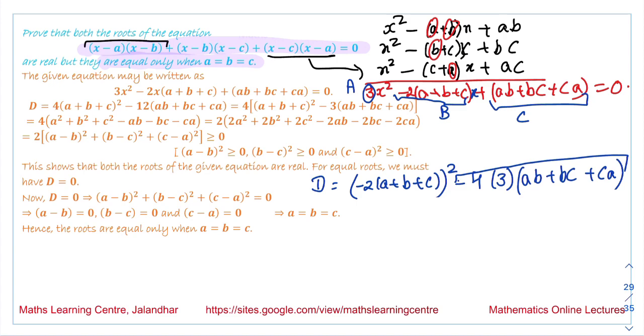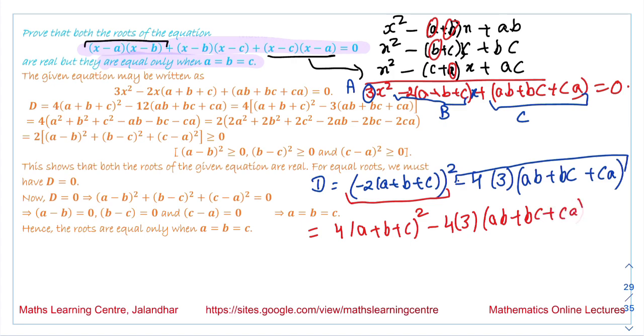In solving this, we get 4 times (a plus b plus c) whole square, and this term is minus 4 into 3 into (ab plus bc plus ca).